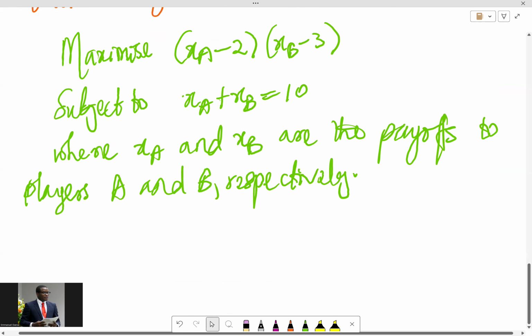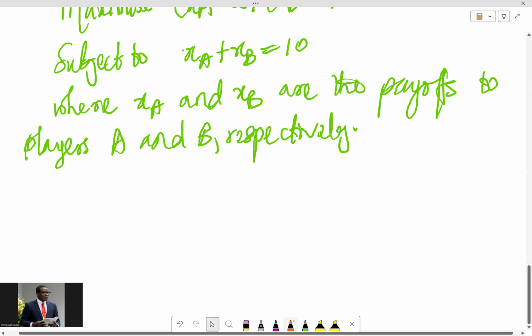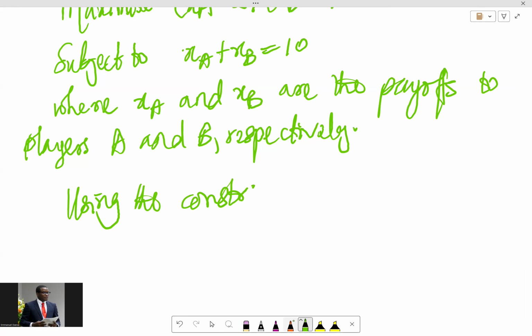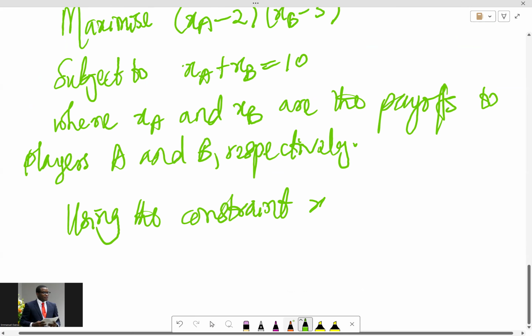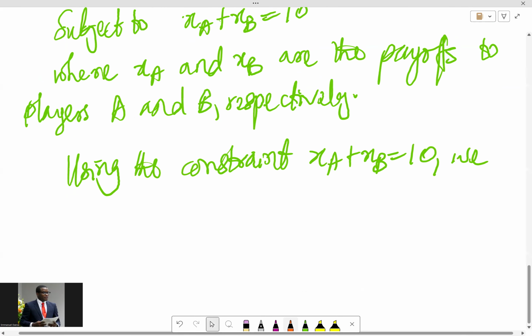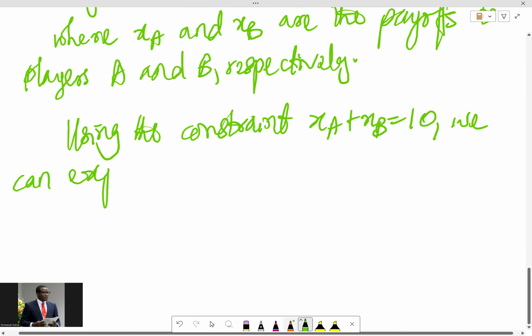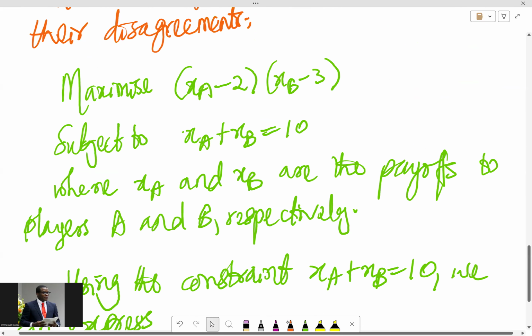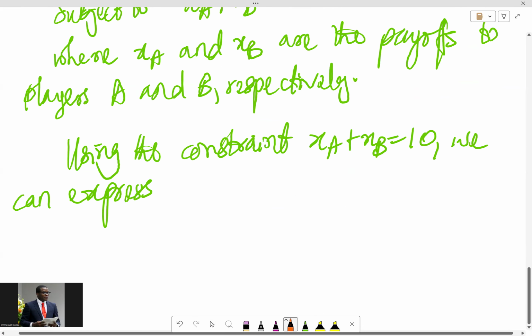Okay, so using the constraint XA plus XB equals 10, we can express XB equals 10 minus XA.